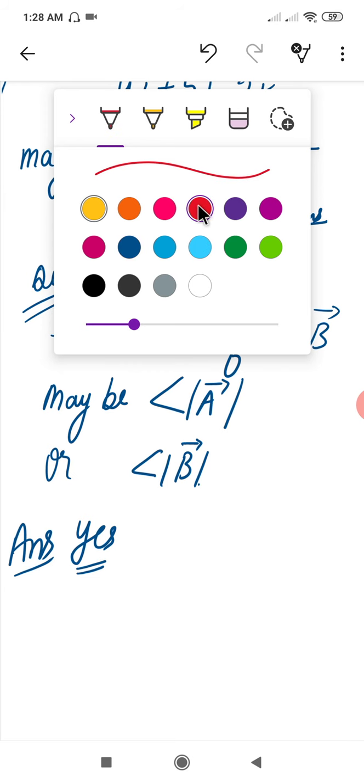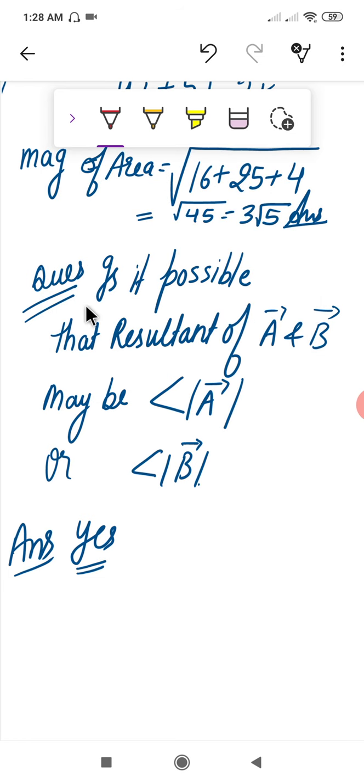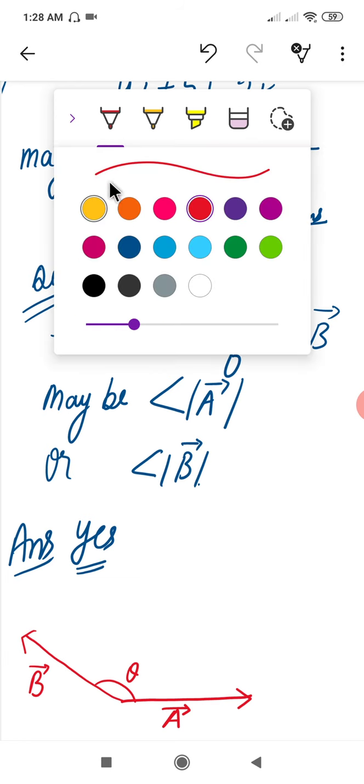Take this example. You are having a vector A and a vector B like this, and this is angle theta, and you need to calculate the resultant of these vectors.